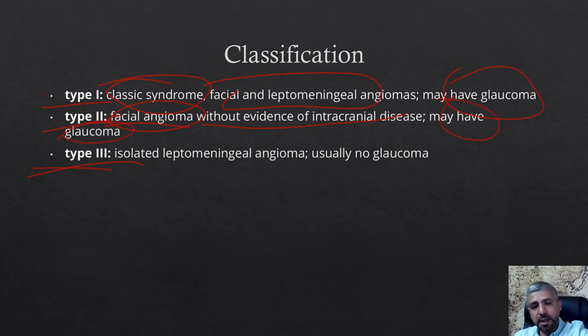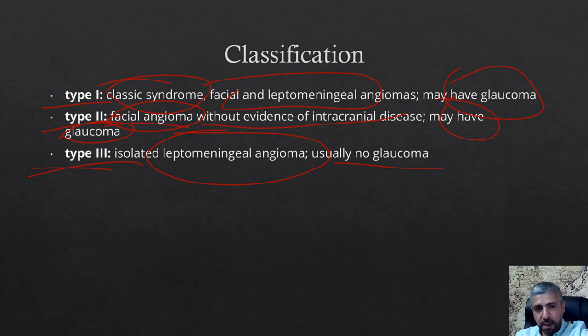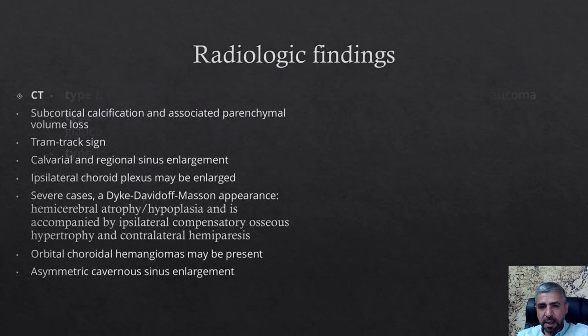And type 3 is the central type of the Sturge-Weber syndrome. They have leptomeningeal angiomas and no glaucoma. So it's either the classic syndrome, type 1, or type 2, they have the skin, not the brain, or type 3, the brain, not the skin. Okay, so these are the classes or types of Sturge-Weber syndrome.